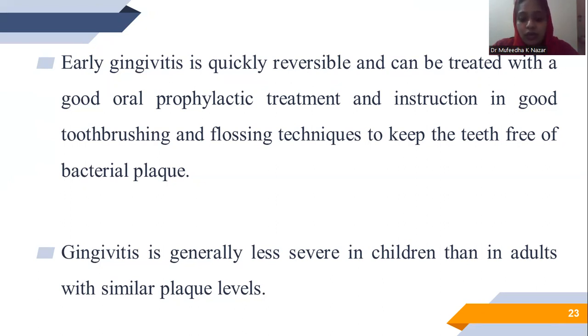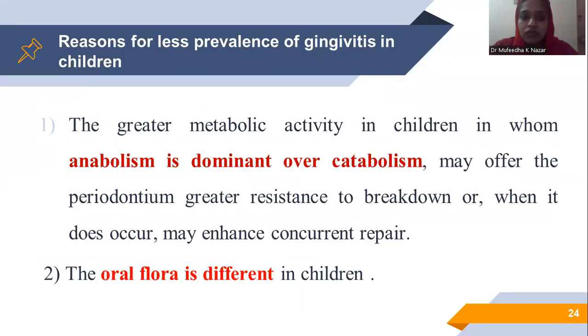Now let's see why the prevalence of gingivitis is less in children. There are three major reasons. First one is regarding their metabolic activity. In children, they have greater metabolic activity and their anabolism is dominant over catabolism, so the periodontium offers greater resistance to breakdown.